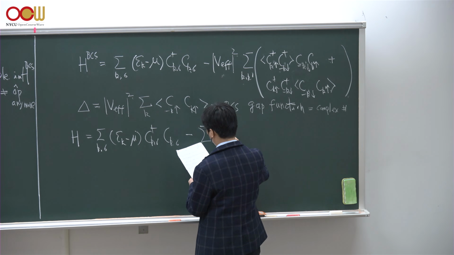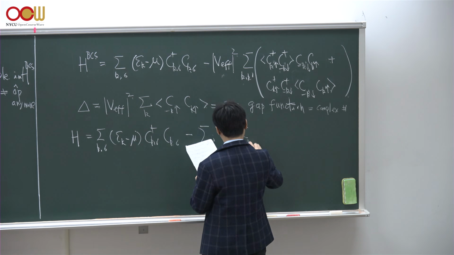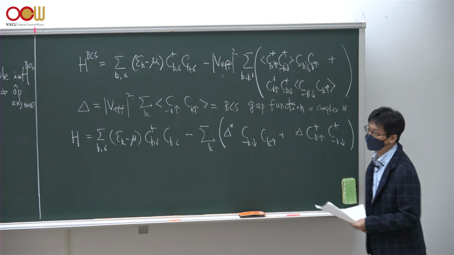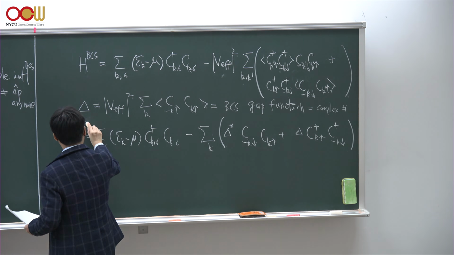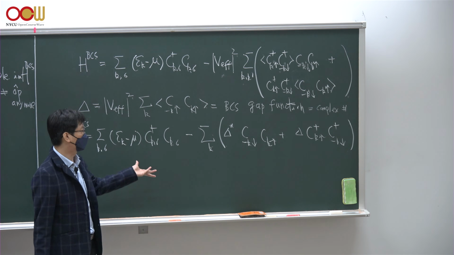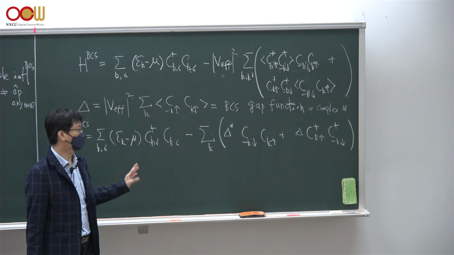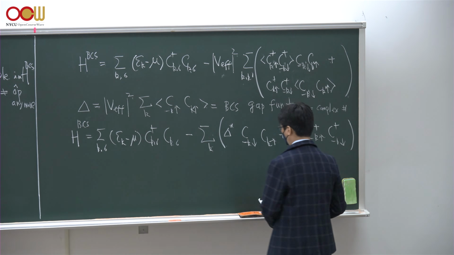So we can assume that this is a complex number, and we can simplify this BCS Hamiltonian in terms of this BCS gap function delta, and we will derive the equation for delta and for Tc, and also the eigenvalues and so on and so forth.